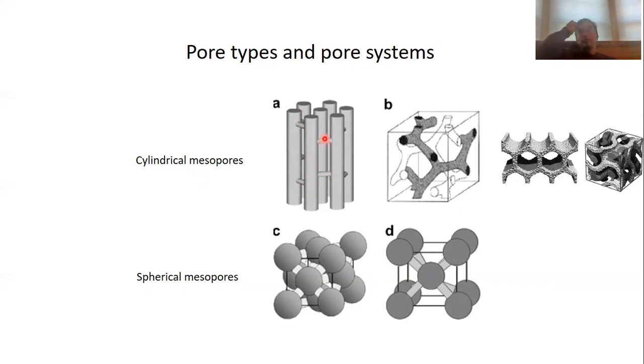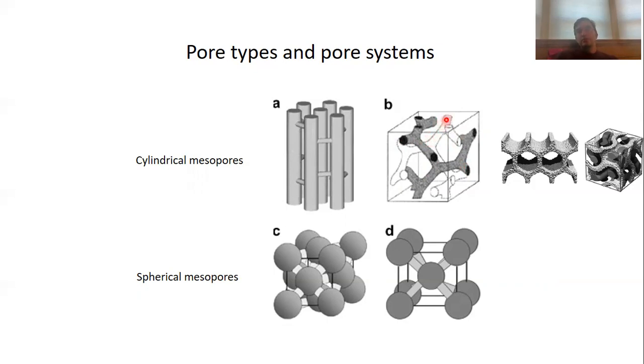The other possibility is that you have a so-called gyroid structure. In this case, you also have cylindrical mesopores, but these cylindrical mesopores form a three-dimensional channel system. Actually, they do not only form one channel system, but two channel systems that are interpenetrating.